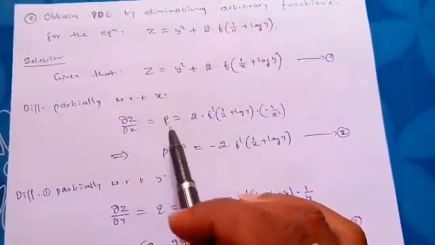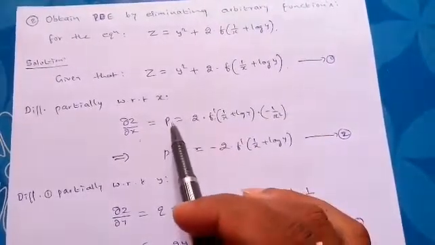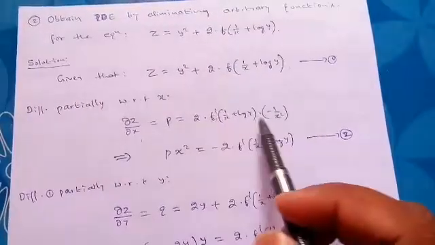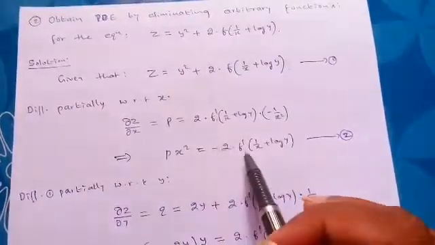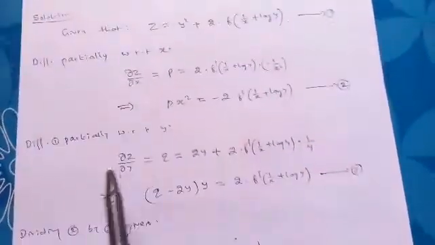Here p equals 2 into this function. In the denominator we have x square. Cross multiply to the LHS, we get p x square equal to minus 2 into f dash of 1 by x plus log y, call it equation 2.